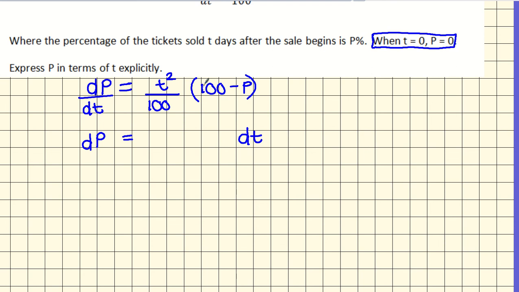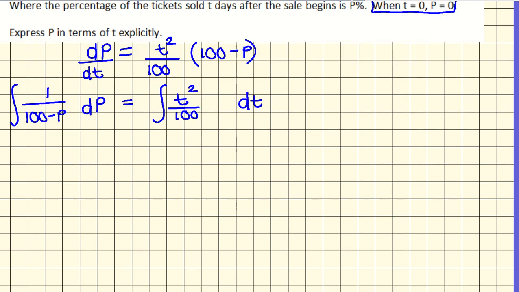So I am going to divide both sides by the bracket, it's a fraction, so 100 minus p. On your right hand side, that's where you've got the t's, so that bit can just stay there. So t squared over 100, put your integral signs in, and that's your first mark.